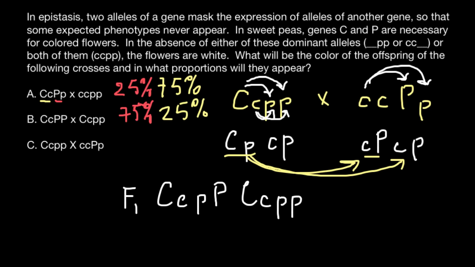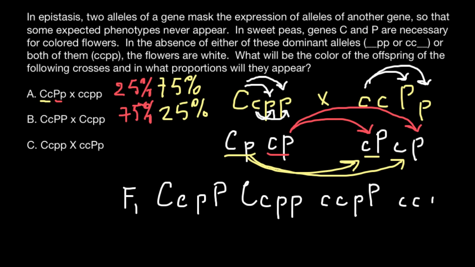Now we can use this pair of alleles, and this cross would produce small c, small p, and capital P, and this cross would produce small c, and small p, small p. So as you see, 4 genotypes are possible for the F1 generation, and here in the first example this is going to be a colored plant.